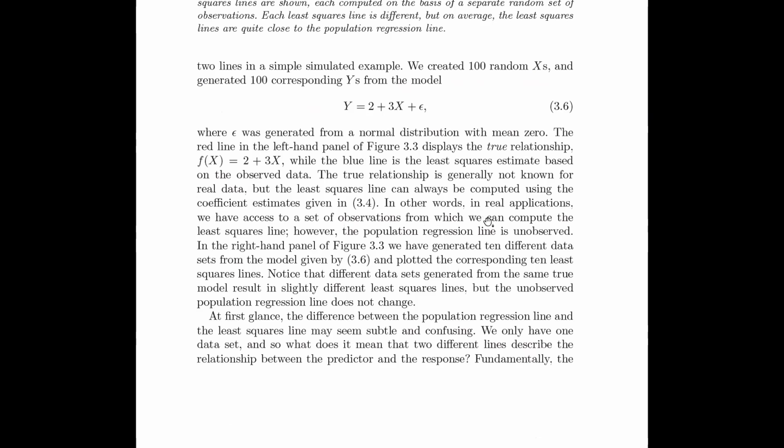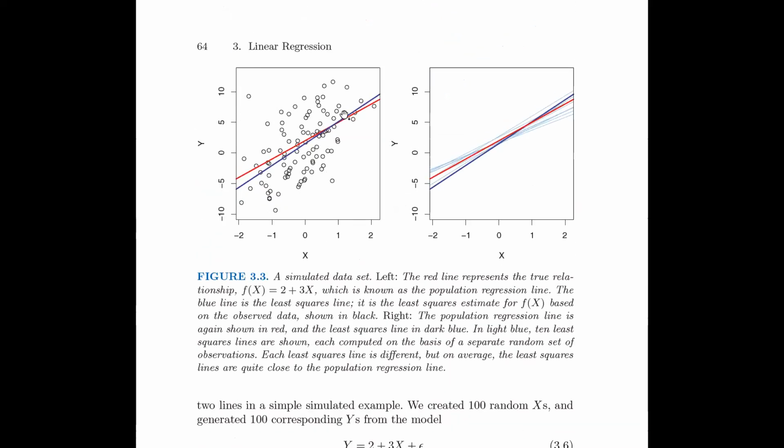In other words, in real applications, we have access to a set of observations from which we can compute the least squares line. However, the population regression line is unobserved. In reality, you will only have the blue line. You cannot simply say, does my blue line look like it's close to the red line?